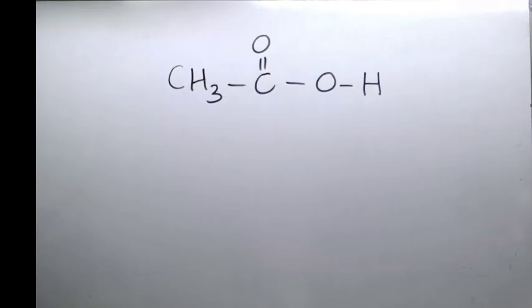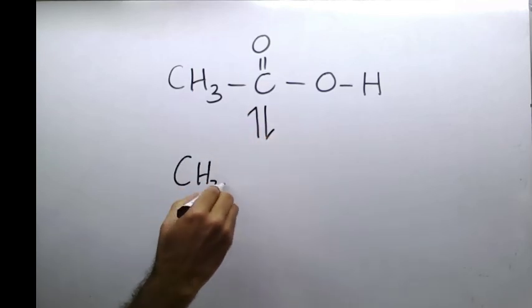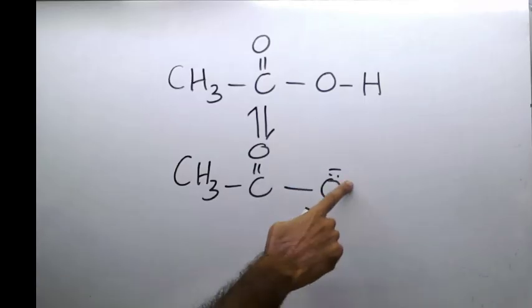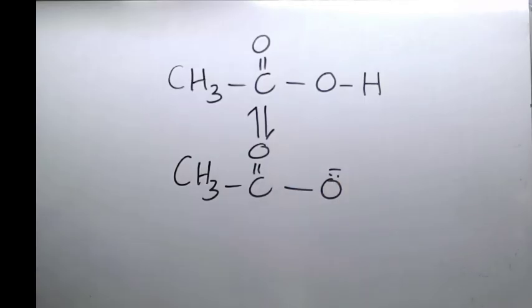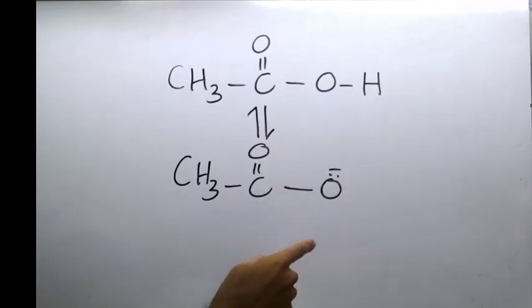molecules. Now, once we remove the acidic proton here, a negative charge will result on the oxygen atom. This is the negative charge. Now, to stabilize this anion formed, that is, when this proton is removed, this negative charge should be able to stabilize.